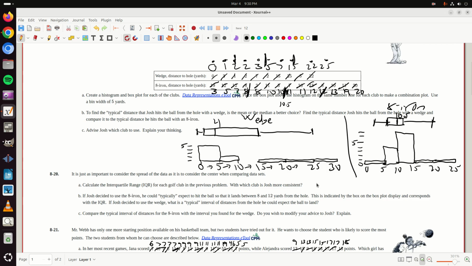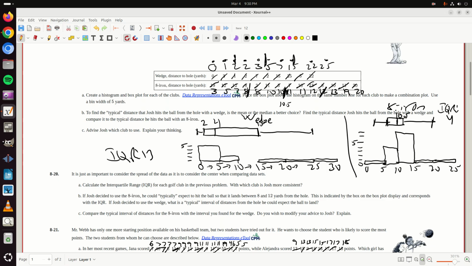On this one we went from 2 to 15, so his interquartile range was 13 on the wedge, and over here it went from 8 to 12, so the interquartile range was only 4. So he's a lot more consistent with the 8-iron than he is with the wedge. If he wants to go for broke and hit it close, he should use the wedge.